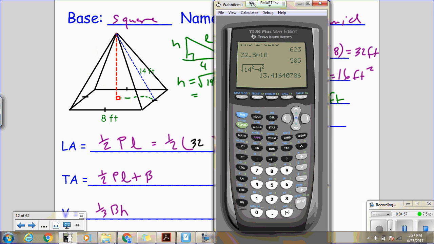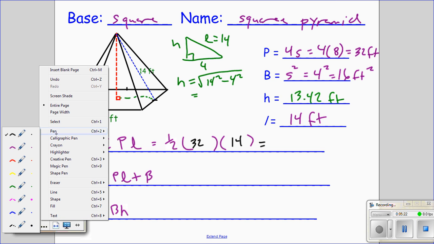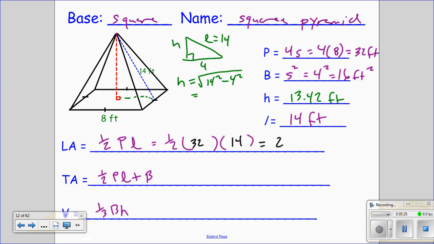We have 0.5 times 32 times 14. 224. 224 feet squared.